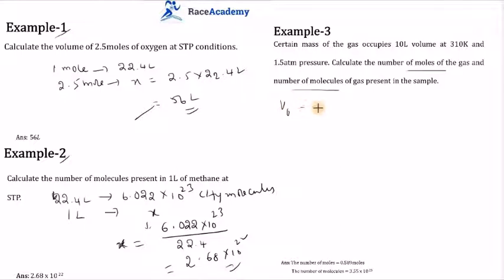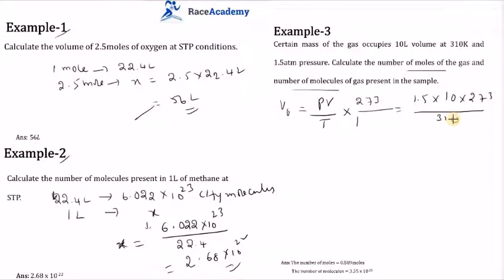V naught is equal to PV by T into T naught, which is 273 Kelvin, divided by P naught, which is 1. So we substitute pressure given in the problem as 1.5, volume as 10 liters, and temperature as 310, with 273 Kelvin.